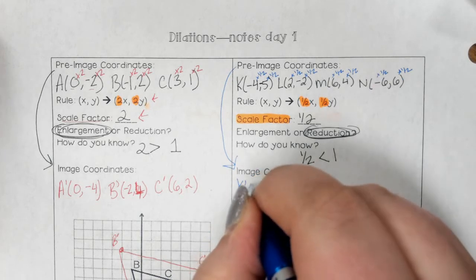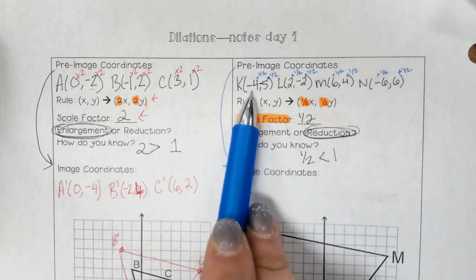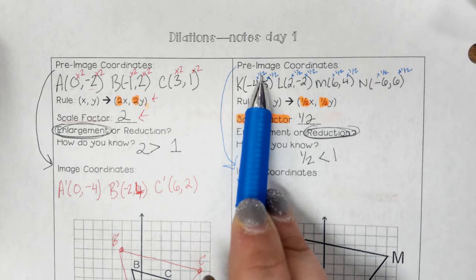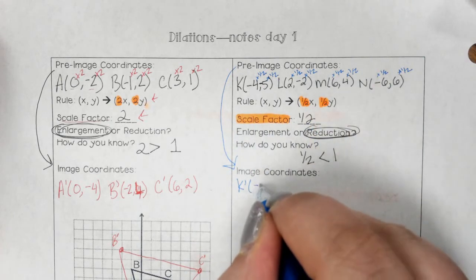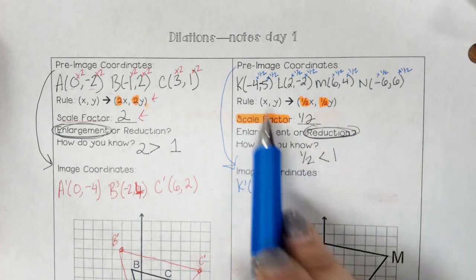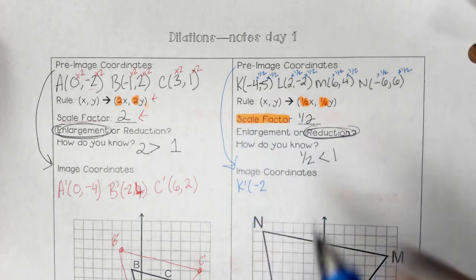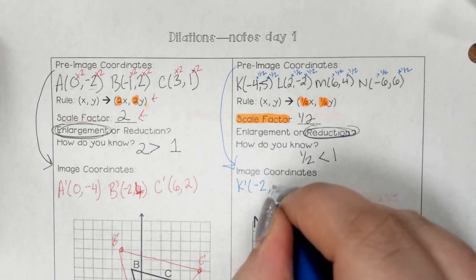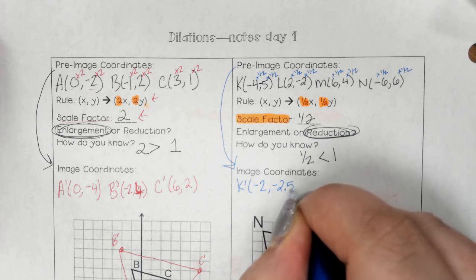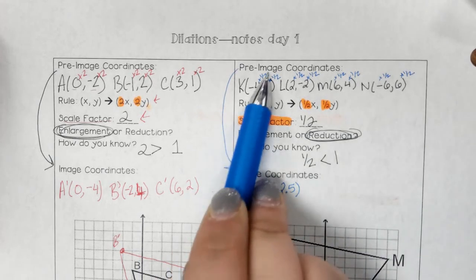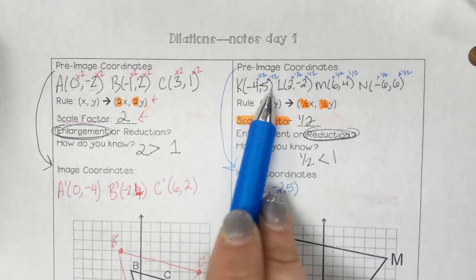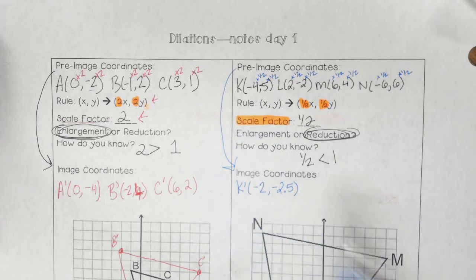So K prime's ordered pair, negative 4 times 1/2 is negative 2. Negative 5 times 1/2 is negative 2.5.